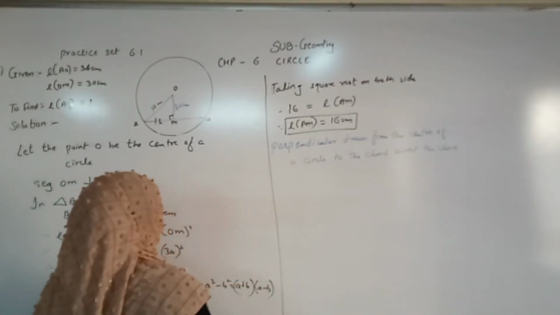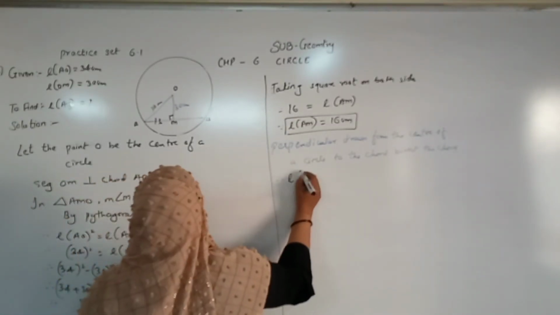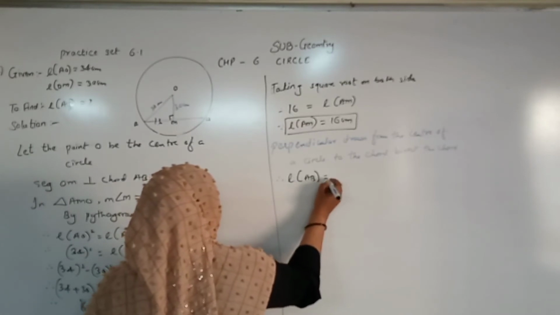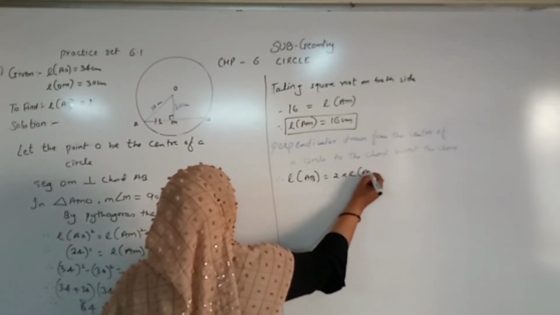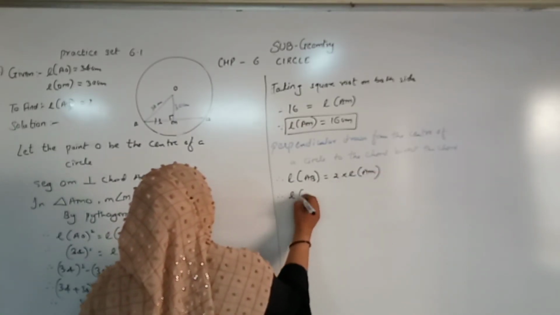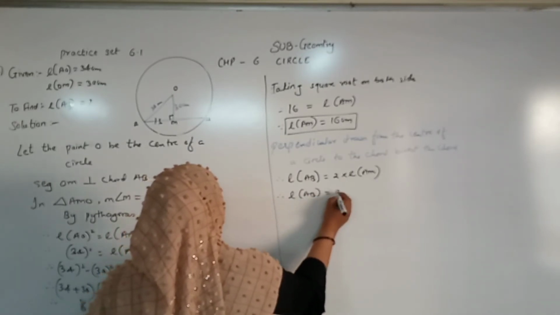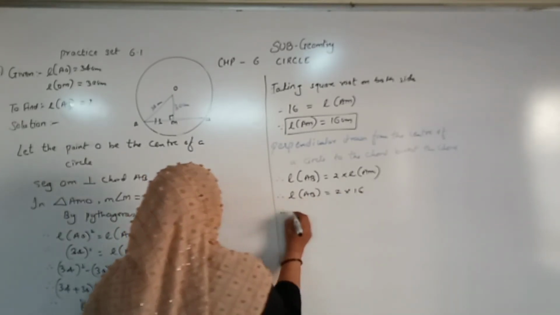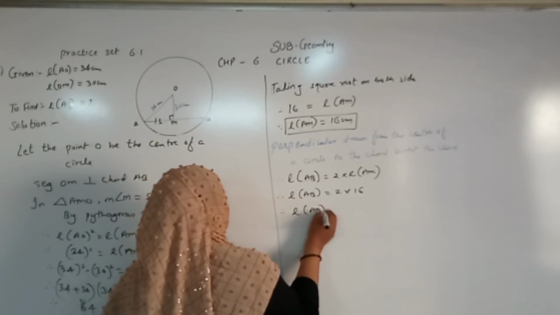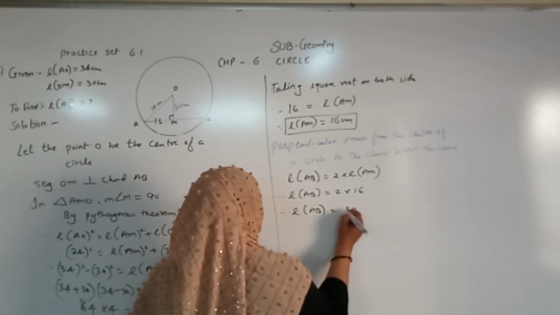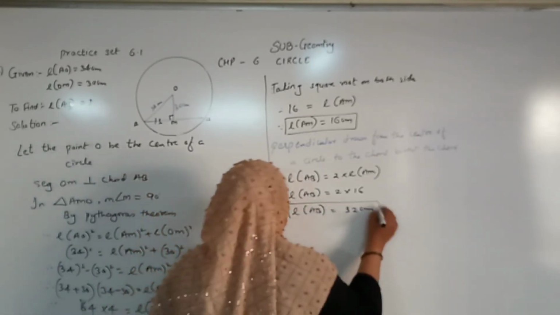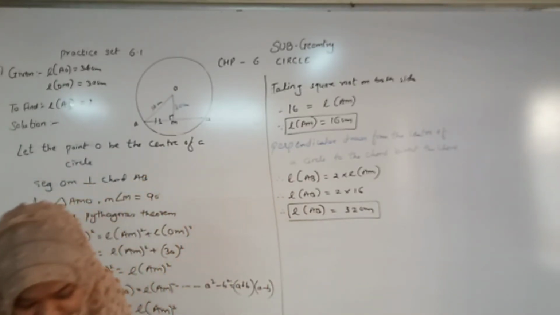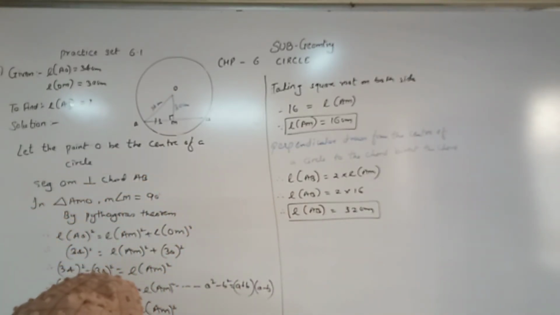Okay. So therefore length of AB find करना है. So AB is 2 times length of AM. So length of AB equals 2 into 16, that is 32 centimeter.